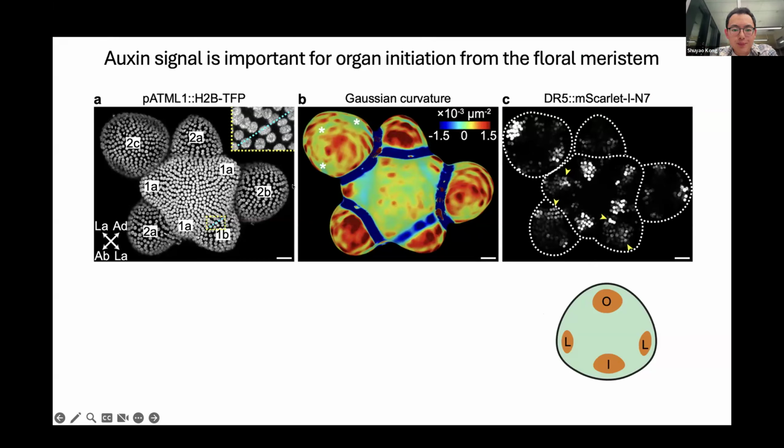And as you can also see from this picture, here I have an auxin signal marker, DR5, driving the expression of mScarlet-I with a nuclear localization. This is the stage just prior to sepal initiation from the floral meristem. Auxin signaling is highly concentrated in the 4 places which are going to give rise to the 4 sepals, and that's also shown in the schematics here.